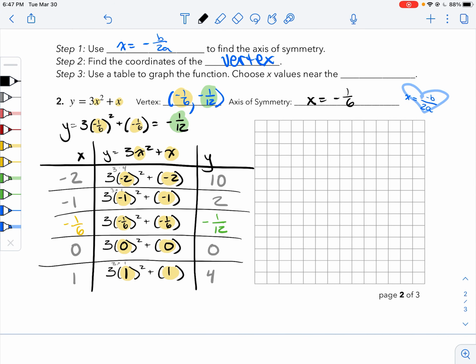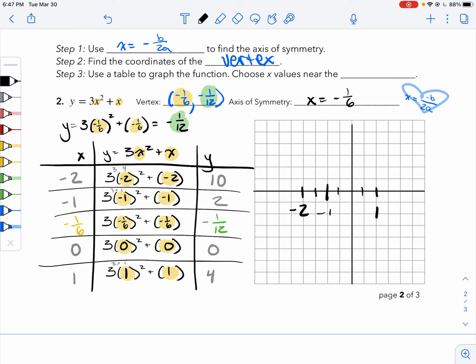Again, typically we would want to make our graph just kind of right in the middle of our graph paper, but we also want it to fit well. So look, our graph will go from -2 up to 1. So we can actually scoot this over a little if we wanted to, because our x's are more negative than they are positive.